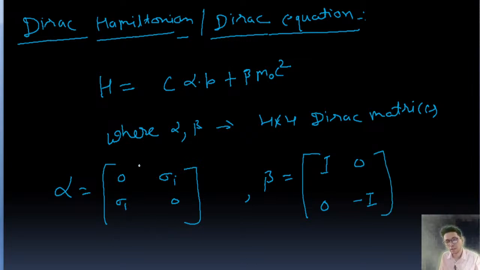So the Dirac Hamiltonian is H equal to c alpha dot P plus beta m naught c square, where alpha and beta are Dirac 4 cross 4 matrices, and the value of alpha is this and the value of beta is this.